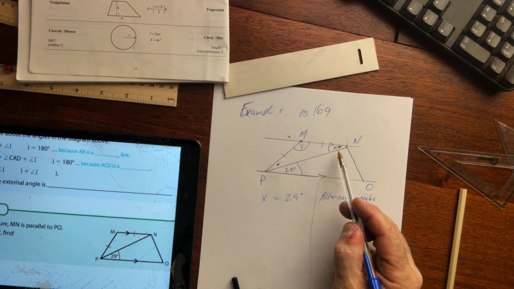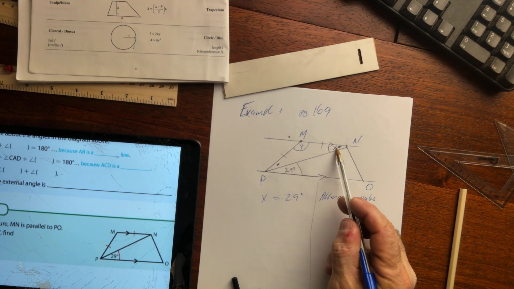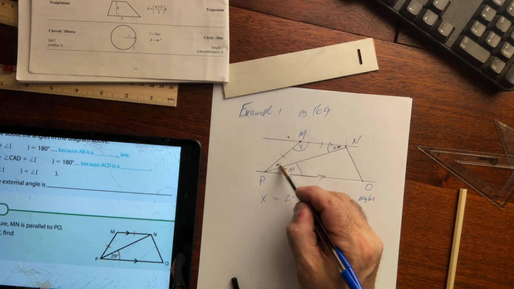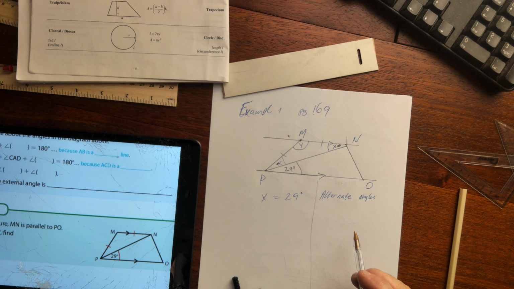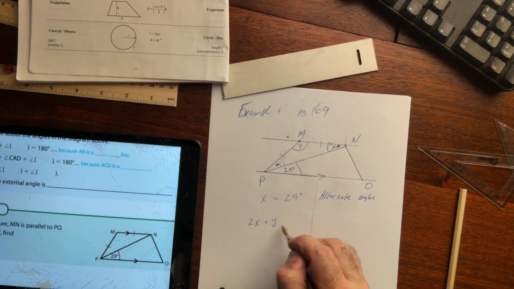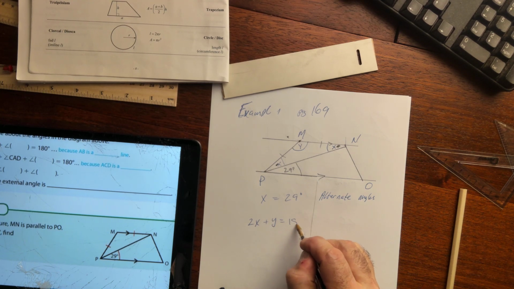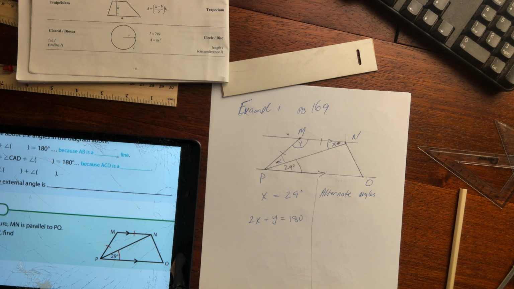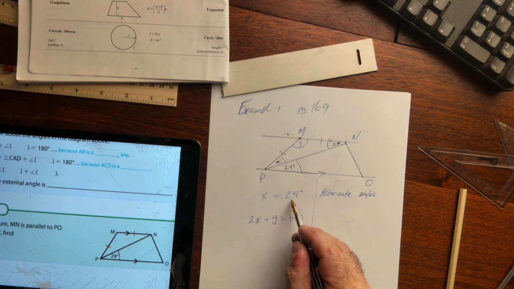Next, we want to find Y. Now here's the cool thing: I've already marked in the isosceles triangle that this is a dot, the same as this, so it's X. Basically 2X for those two angles plus Y is equal to the internal angles of a triangle, which add up to 180. I know what X is, it's 29.